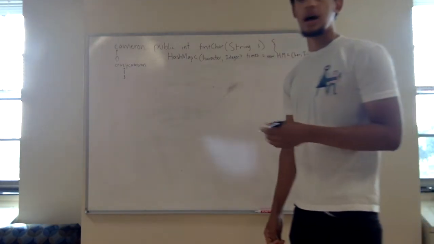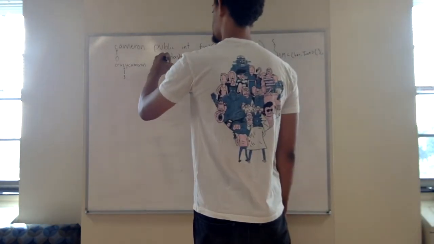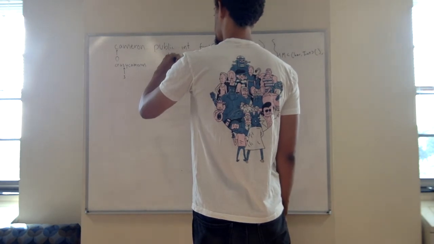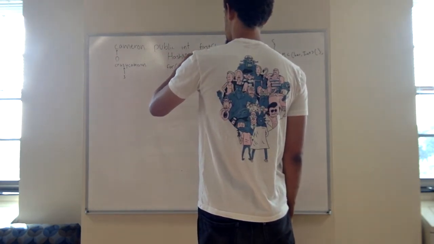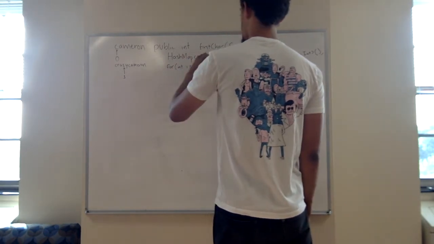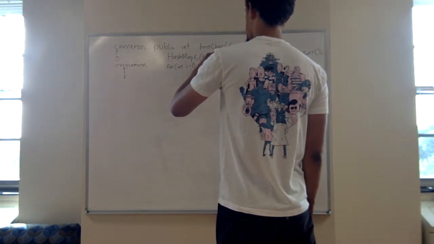Okay, so I want to create a for loop that loops through all the characters of the string.